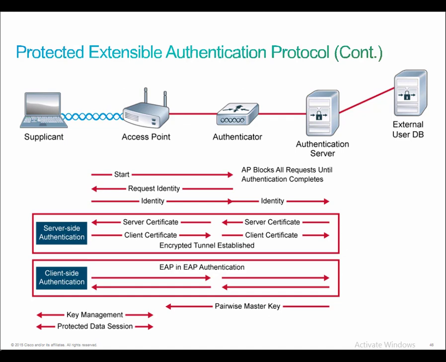The process that I just described, where we go through the start process, request identity, identity gets sent, and in reality, the identity doesn't really matter, right? Whether the server recognizes the client ID or not, it's still going to send over its certificate. The client authenticates the server using a CA to verify the digital signature of the server, and so on.